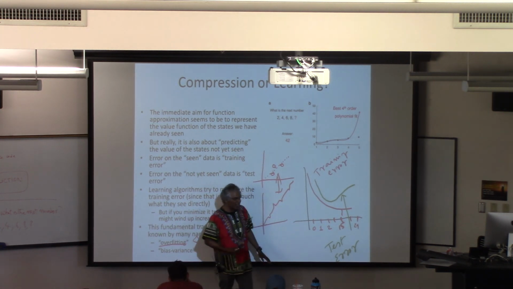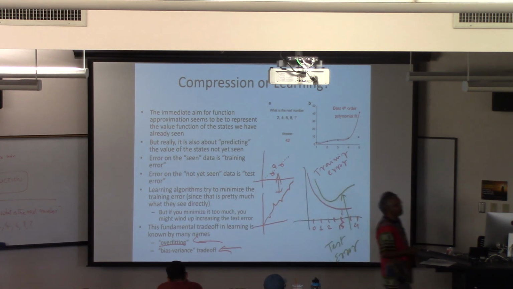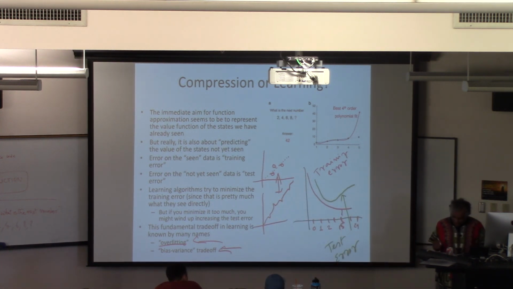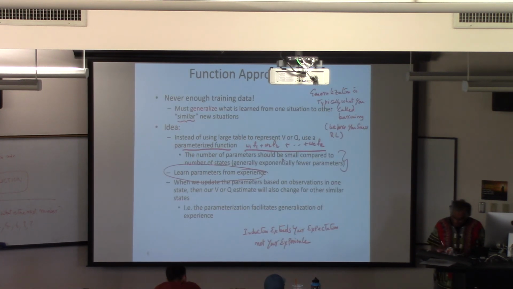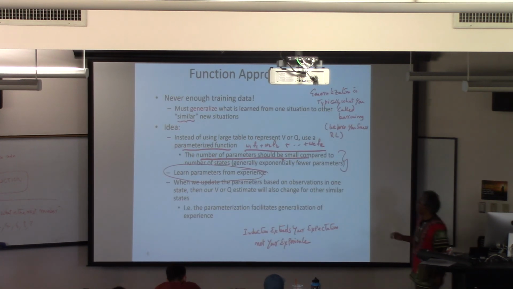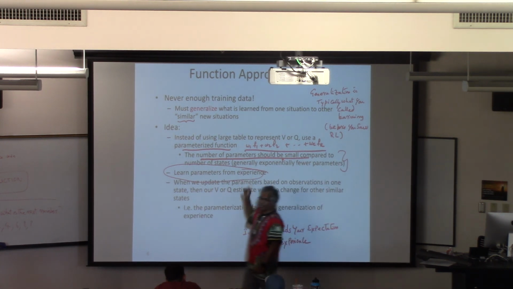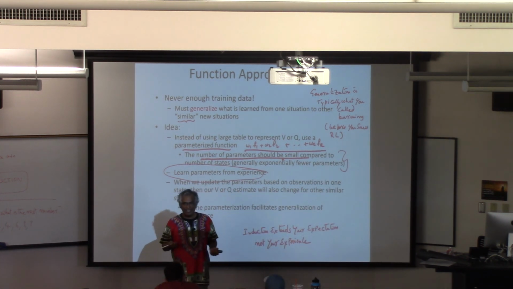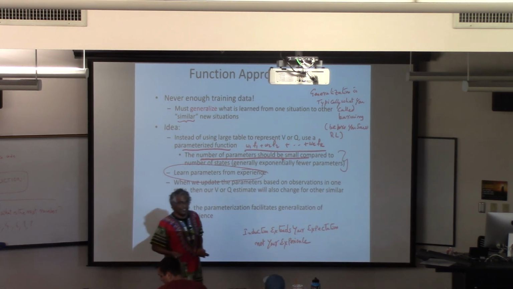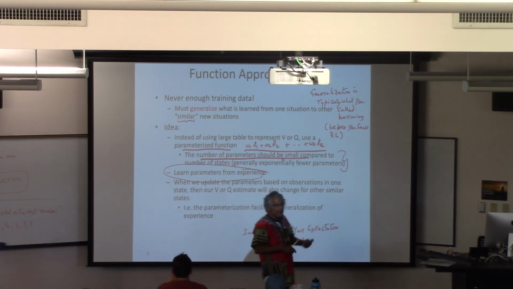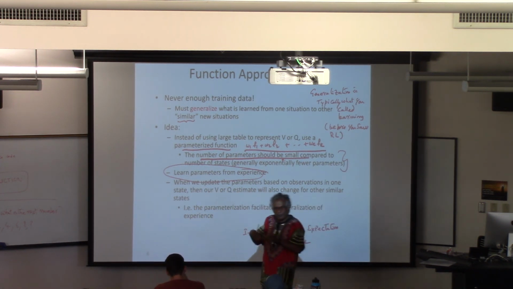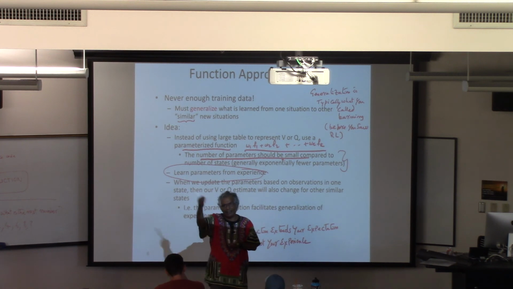In general, you want the number of parameters to be small compared to the number of states. Essentially, if there are 10,000 states, the number of parameters is connected to the number of features and the degree of the polynomial, if you're looking only at polynomials.